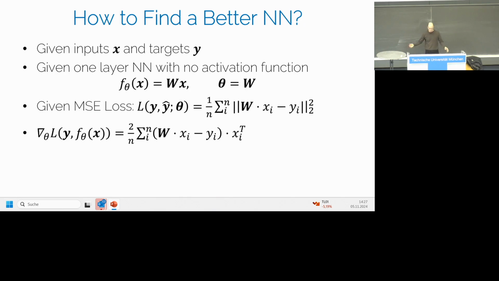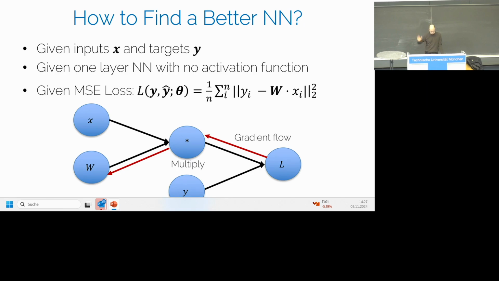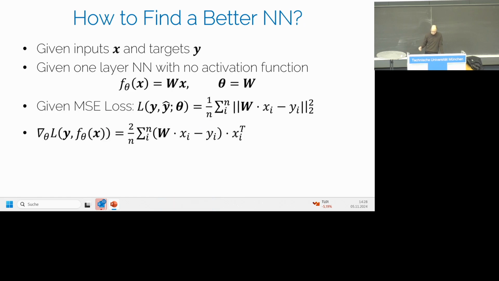This is how it would look for a simple task with a linear function and a mean square error loss. In neural networks, we typically have multiple layers, we have non-linearities, so things are a little bit more complicated. But here, what we can do is we can define f. We can then do a gradient.